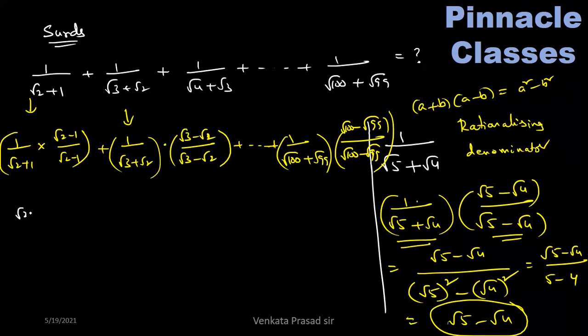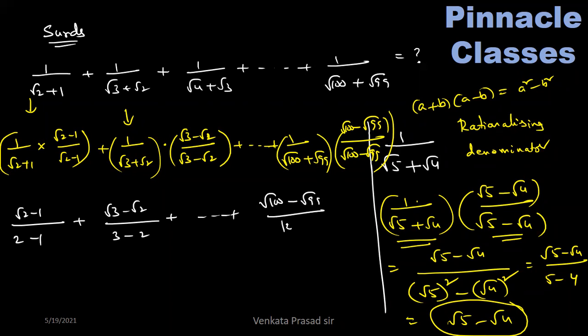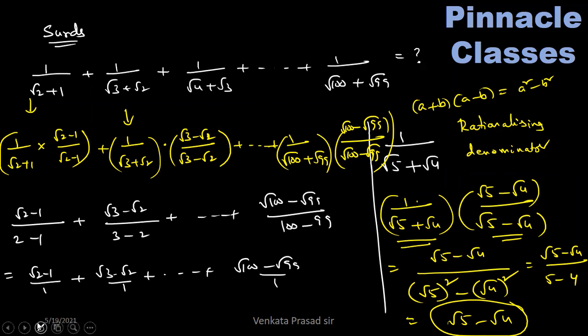1 into root 2 minus 1 by a plus b into a minus b, how much? a square minus b square. Root 3 minus root 2 by a square minus b square. Continue this process up to root 100 minus root 99 by 1. So what are you observing here?